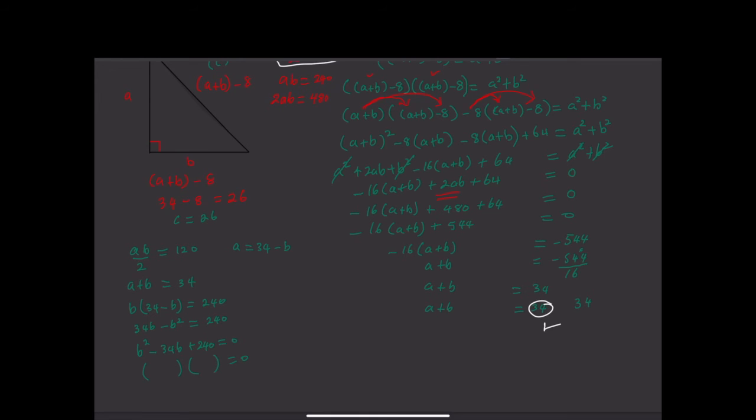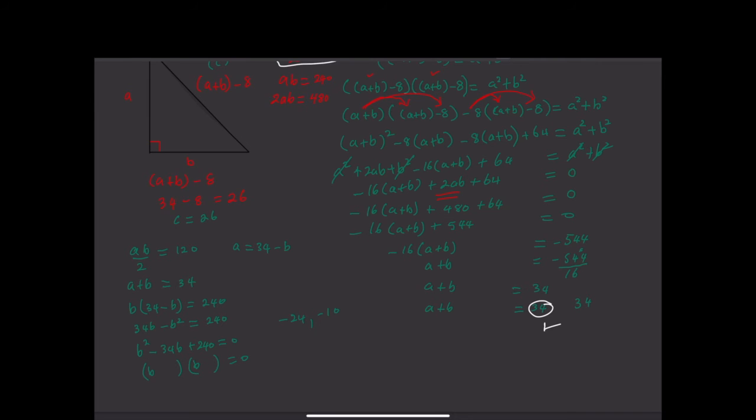Now I know that we can only get B times B, which gives us B squared. Now I'm going to look at the factors of 240 that add together to give me minus 34 and multiply together to give me 240. And those factors can only be minus 24 and minus 10.